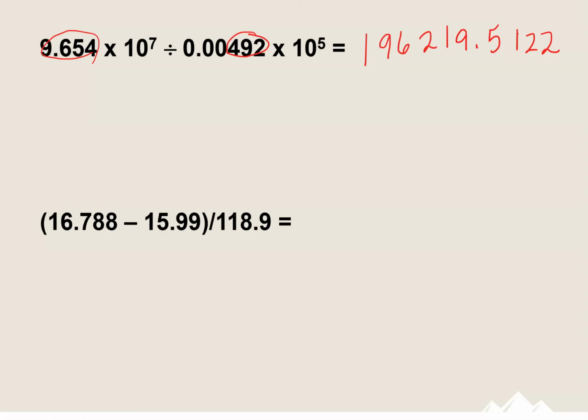Leading zeros are never significant, they're just placeholders. We're limited by the number with fewer significant figures. We're limited to 3 significant figures. So I've just underlined the 3rd digit there, rounding it off to the nearest thousand. It's 196,000. And that is the answer.